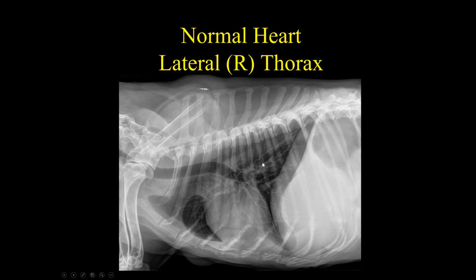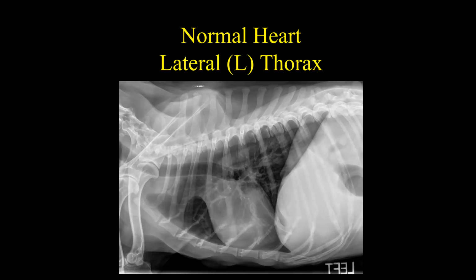So we have pulmonary arteries and veins, and they branch out into the lung. All of the air-filled structure around here is lung. Then I have the diaphragm in here, and behind the diaphragm, I have liver. And behind it, I have this gas-filled structure, which is the stomach, which has some gas in it. Then we have the thoracic vertebrae here, the ribs, the sternum, front limbs, and that kind of stuff.